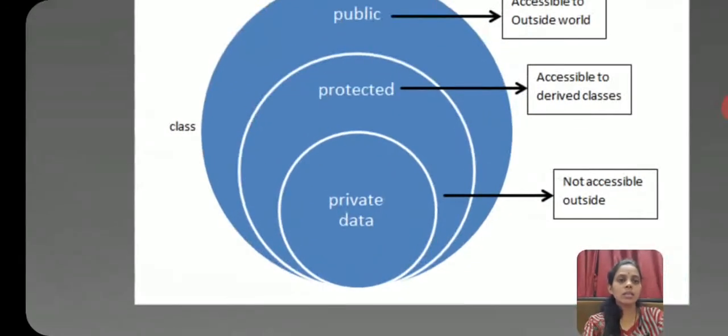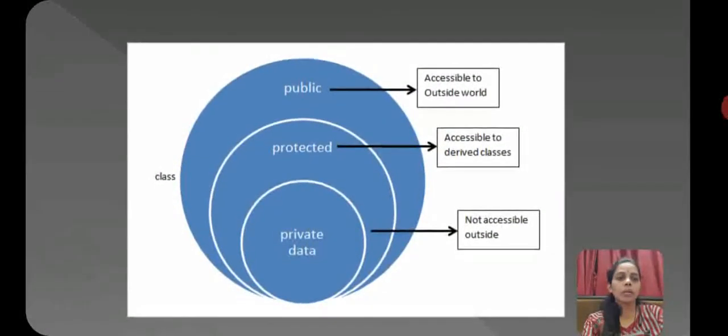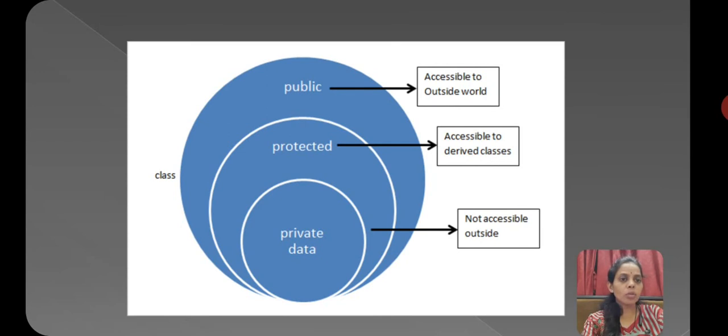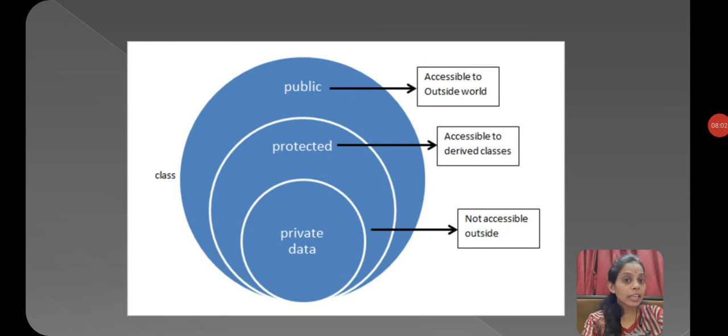Okay, see here in this diagram you will have a clear idea about this. Public data members or member functions can be accessible to the outside world. Protected members cannot be accessed from outside, but can be accessible to the derived class, meaning during inheritance we can access them. And private data members are not accessible outside the class.